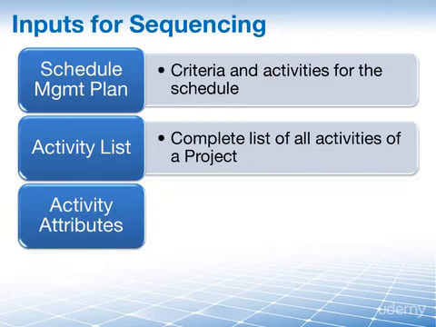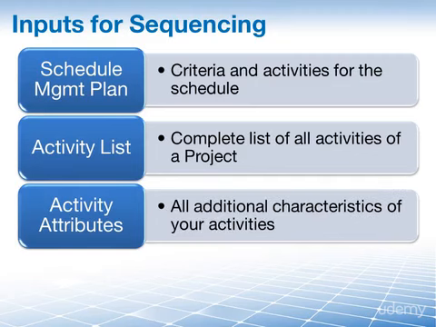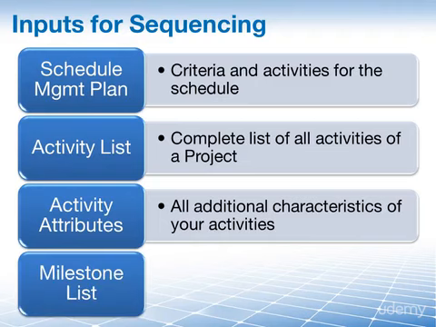These are the attributes like the assigned resources, the WBS ID, milestones, leads and lags, and so on. It really contains all the additional characteristics of your activities. Most importantly, it may contain information about required sequencing.